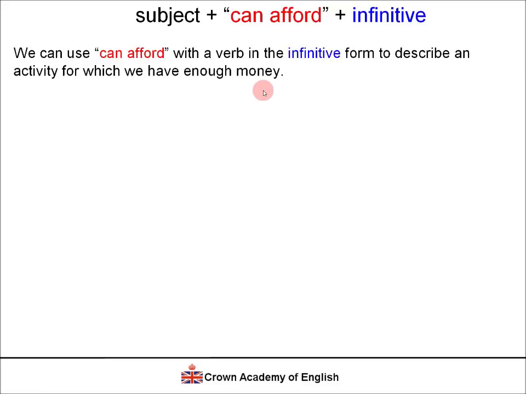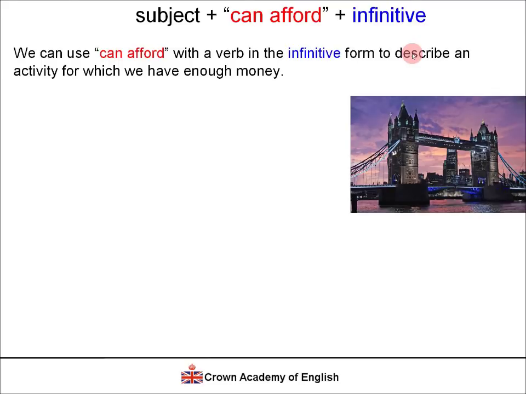So it's the same meaning, it's the same concept, but this time we don't have a noun here, we have an activity, an action, and we put the action in the infinitive form of the verb. And the infinitive form of a verb is the word to followed by the base form of the verb.